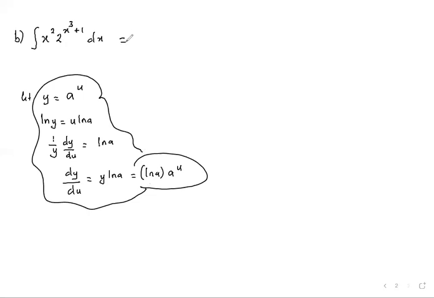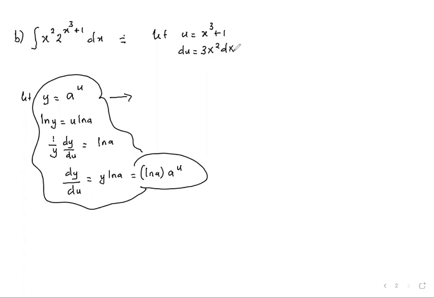So for the question given, if we let u be x cubed plus 1, then du is going to be, oh yeah, 3x squared dx. Yeah, you're right. 3x squared dx.